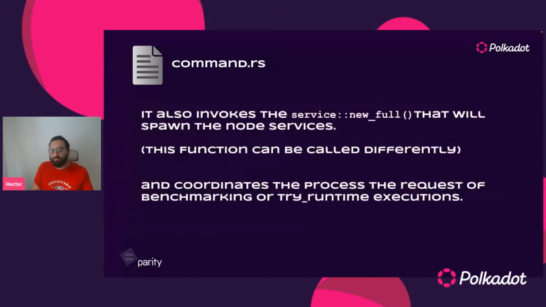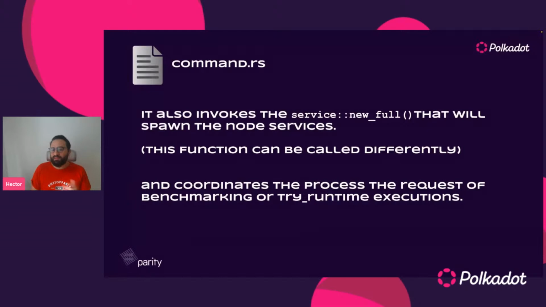Another important thing in the command.rs file is that it invokes the service new_full. In the Substrate node template, you have this function, which starts all the services for a full node.